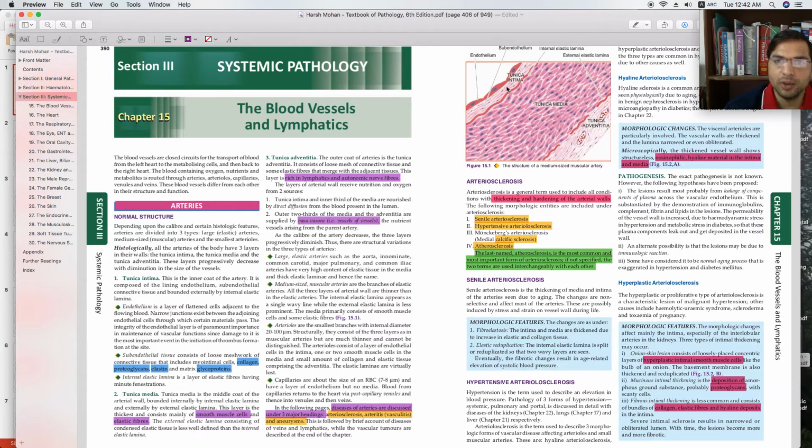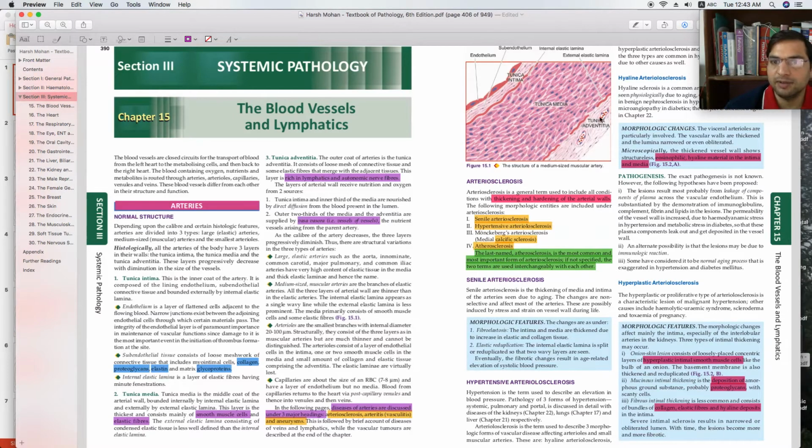Tunica intima contains the endothelial layer and some other proteins like collagen, proteoglycans, elastin, and some glycoproteins, whereas tunica media contains smooth muscle cells and elastic fibers.